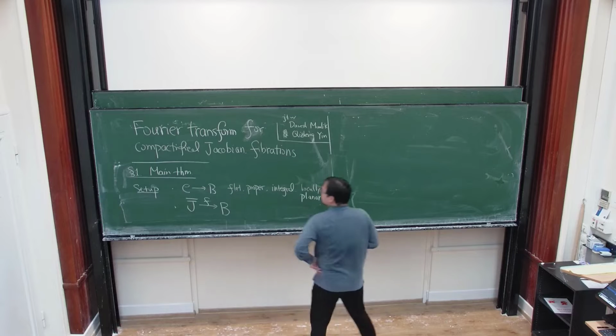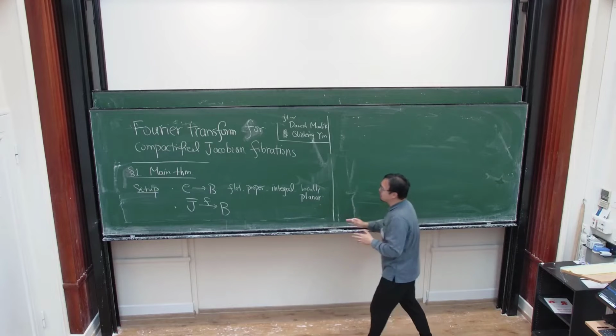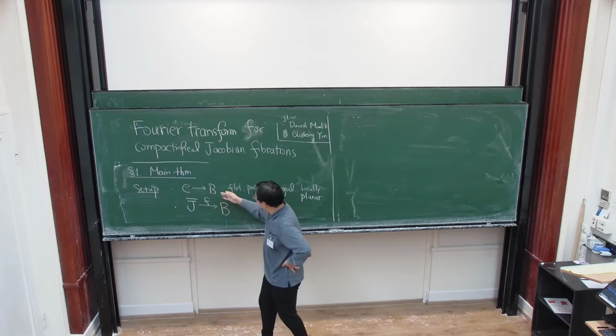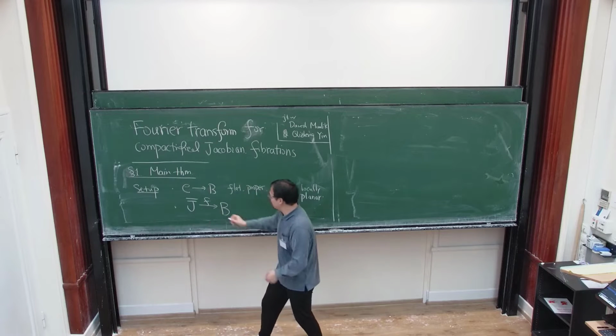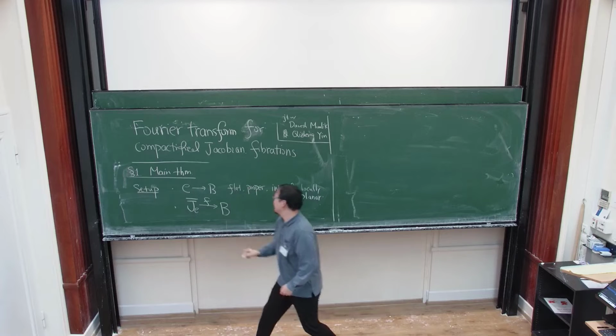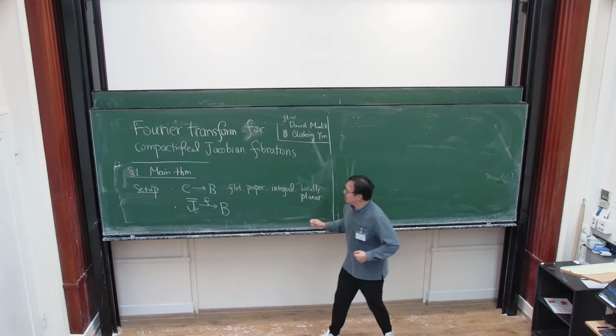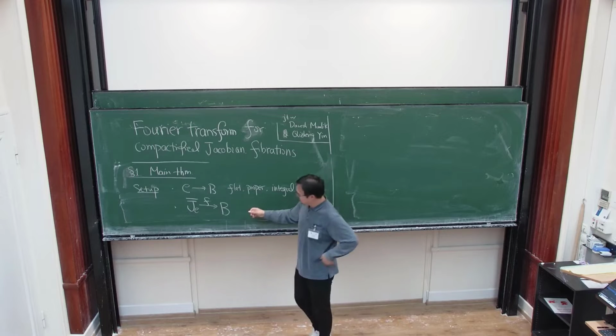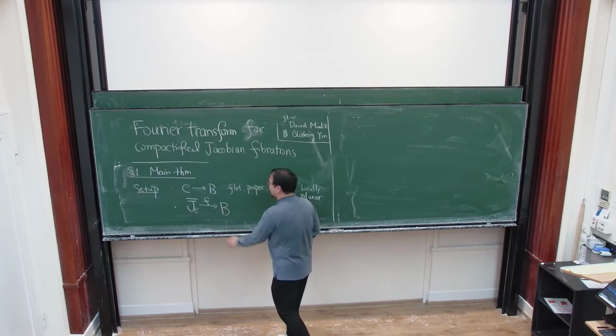So in the talk, I will first start with this general setup, where I will talk about general compatible Jacobian fibrations associated with a family of curves. And at the end, if time permits, I would come back to Lagrangian fibrations and discuss what's special about it.